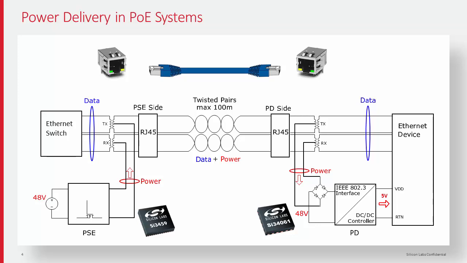It only applies a full voltage of 50 volts or higher if it detects a powered device, a PD, at the other end. So only after the PD and the PSE go through this analog handshake is power actually applied. Otherwise, it's a very low voltage, low current situation, not super useful, but also not dangerous, which is the real point. So power is only applied after the handshake is complete.